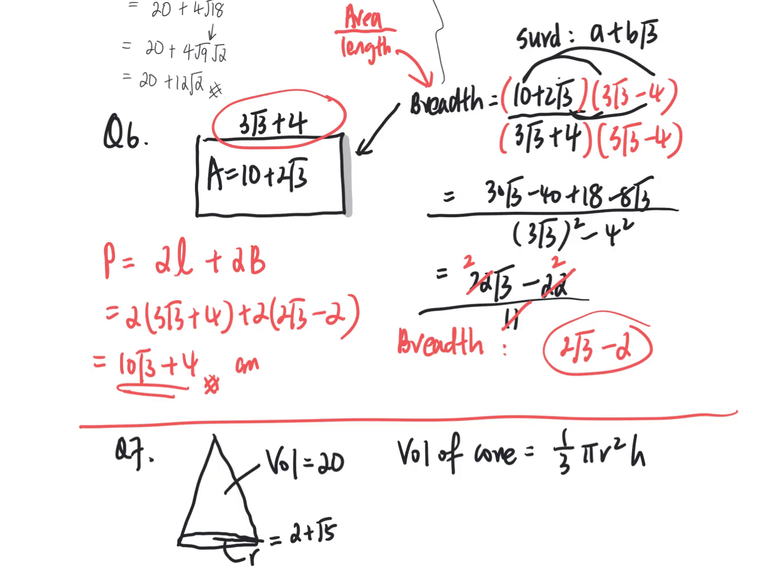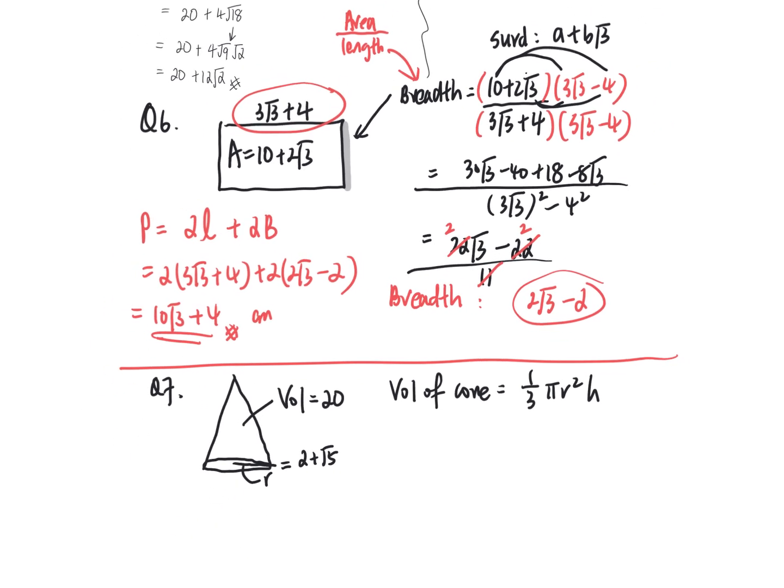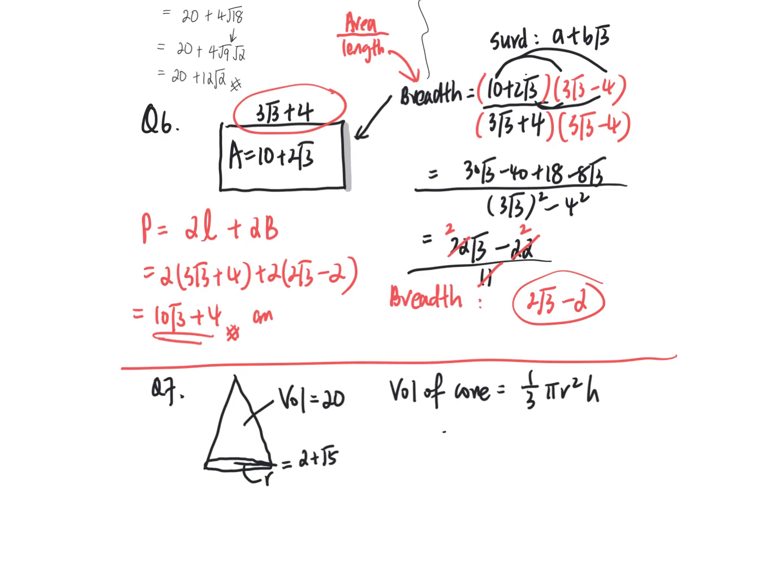Formula given on the first page of your exam for E-math. A-math not given. Okay, so volume is 20. If you divide by 1/3, it's the same as multiplying by 3. Keep change flip, right? So this is multiplying by 3. So the 1/3 is gone. Divide by the pi and divide by r squared. So this is how you get h.